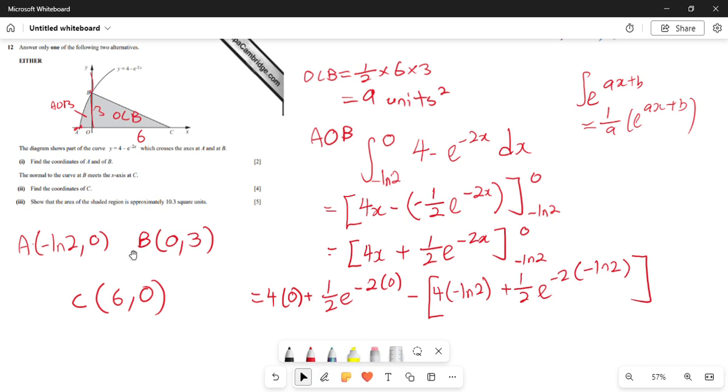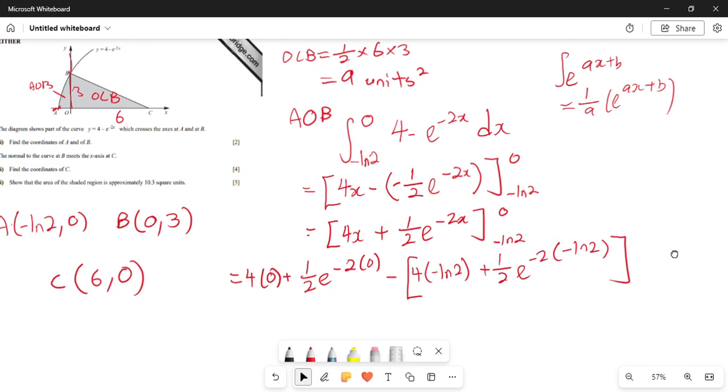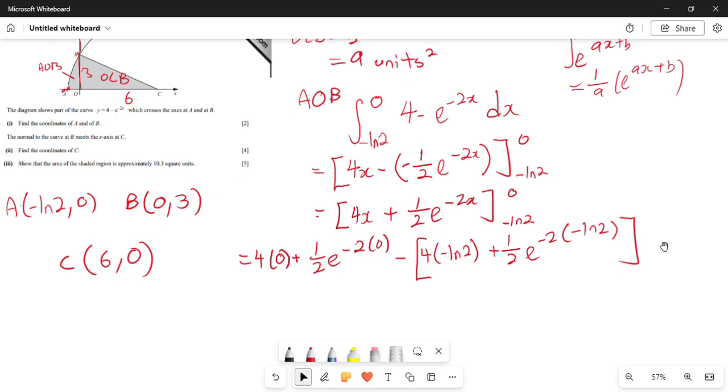Okay, press your calculator, hold on a second. From what I know, this is 0, this one becomes 1, so this will be 1 over 2 minus 4 multiplied by negative ln 2.